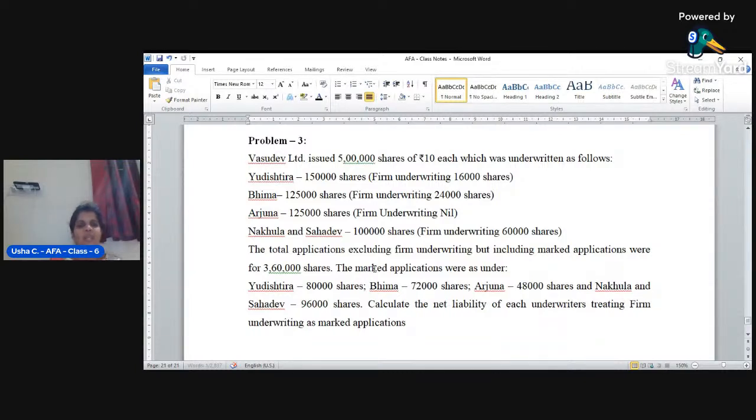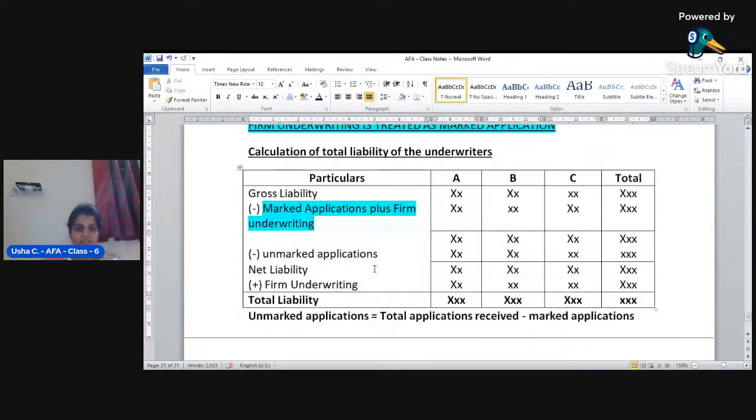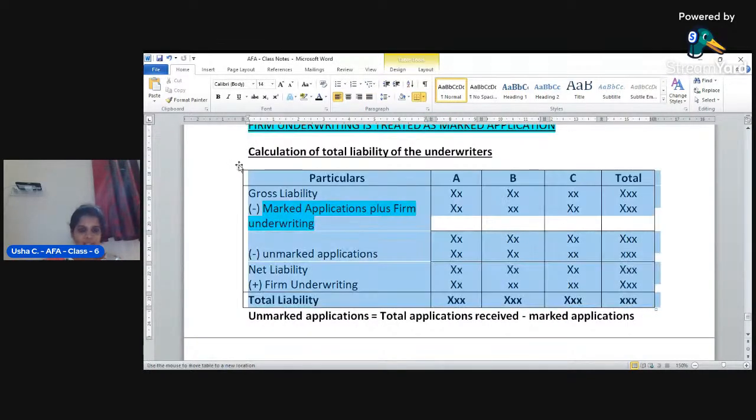Now, Vasudev Limited issued 5 lakh shares of rupees 10 each, which was underwritten as follows. You know all the information given in the problem. Let us just move to the format. That is the calculation of net liability or the total liability of the underwriters. I'll just copy the format.